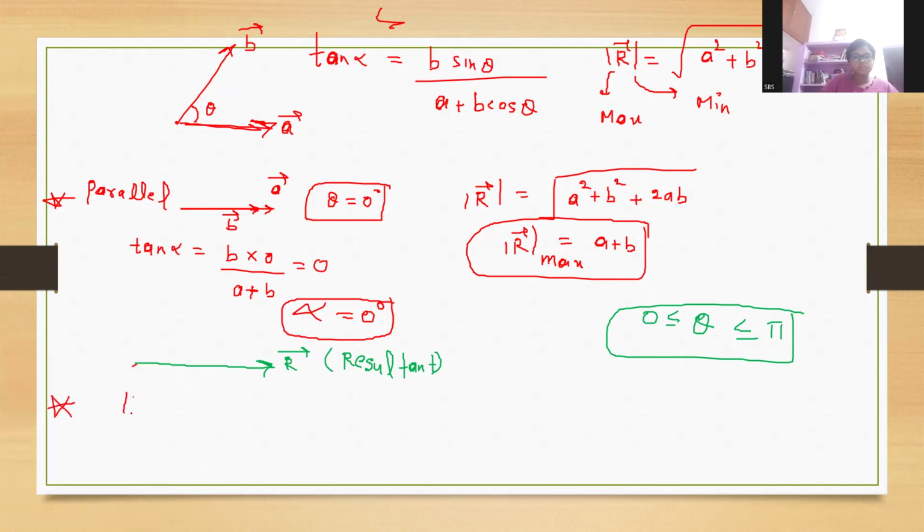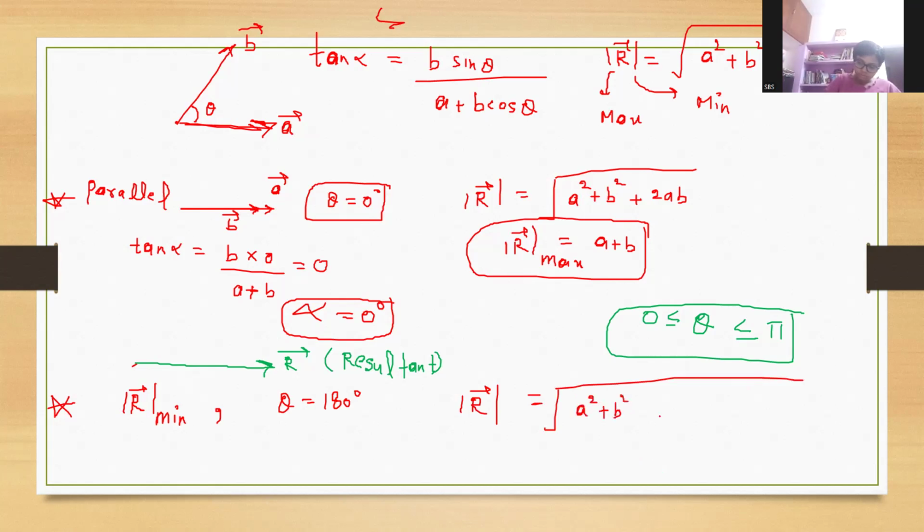when this magnitude, this mod R which I have written here, is minimum, it is minimum only when theta is 180 degree. Because cos 180 is the lowest value, -1. Maximum value is when theta is 0. So mod R will be under root A square plus B square plus 2AB cos 180.